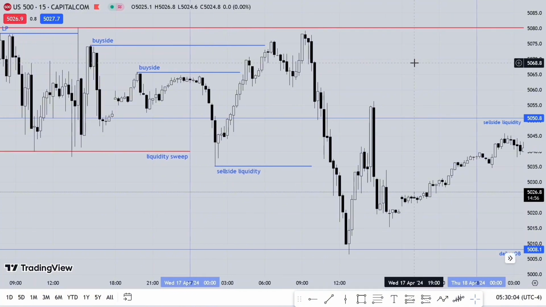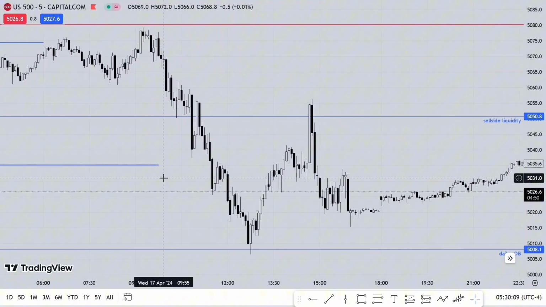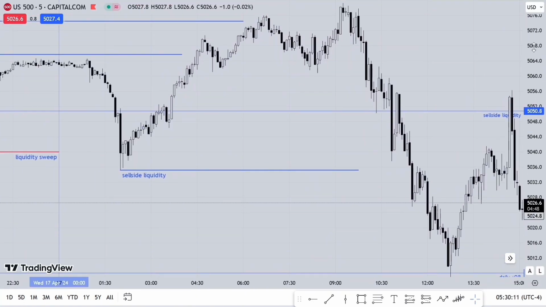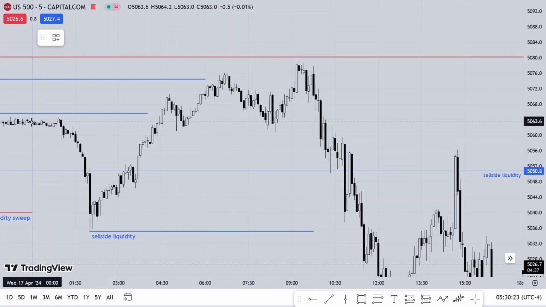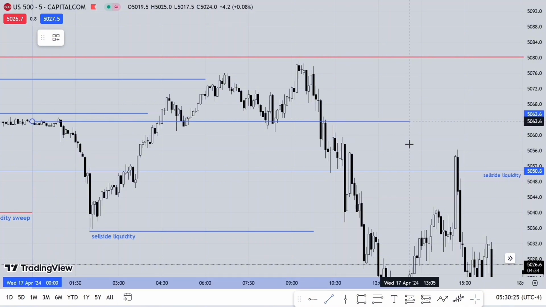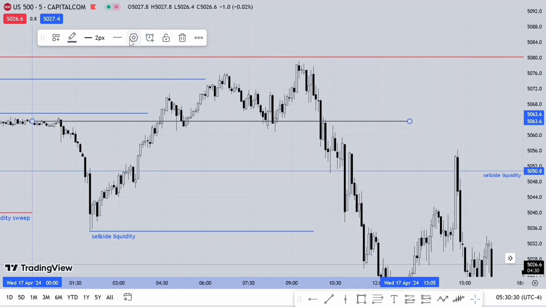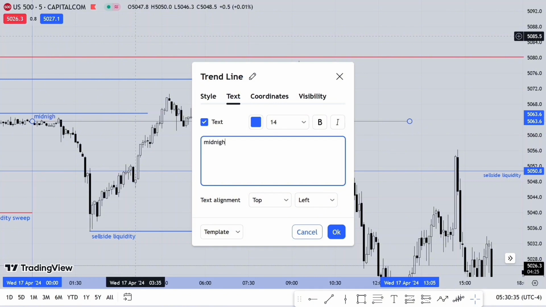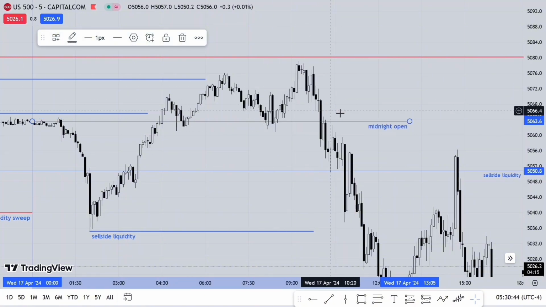And on the 5 minute time frame, this is what we had from yesterday's trading. Here was the midnight opening price.